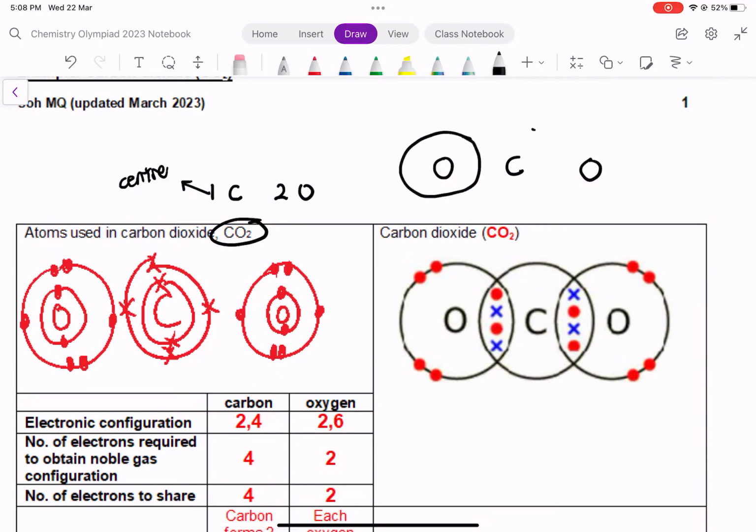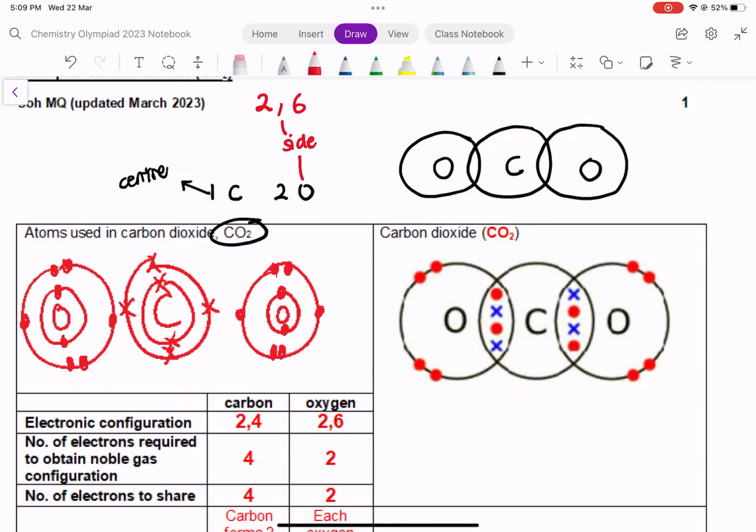I know it's covalent bonding because these are non-metals, so they must share valence electrons. Since it's sharing, I will overlap the electron shells like what I have just done. Next, I will consider the atoms at the side. The atom at the side is oxygen. In the periodic table, oxygen has 8 electrons: 2 in the first shell, 6 in the second shell.